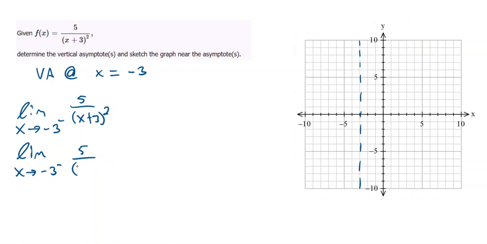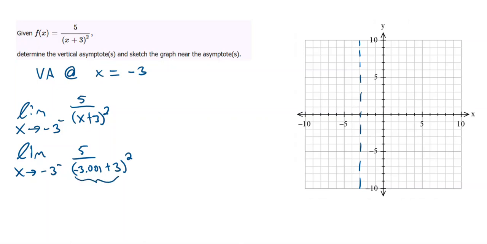and just imagine that we're putting in a number like -3.00001, very, very close to -3, a very small number, plus 3, squared. And then just think for a minute, what kind of number are you getting out of this?